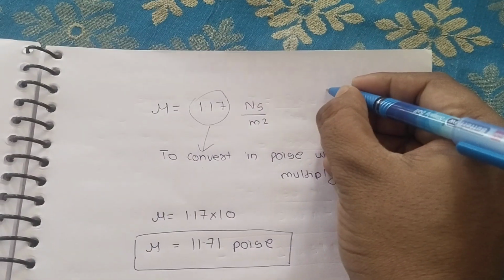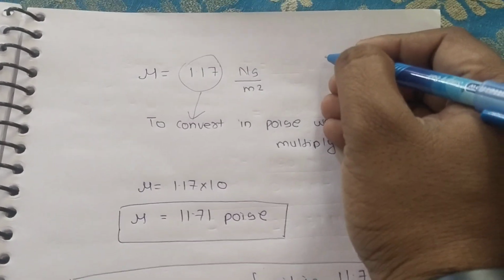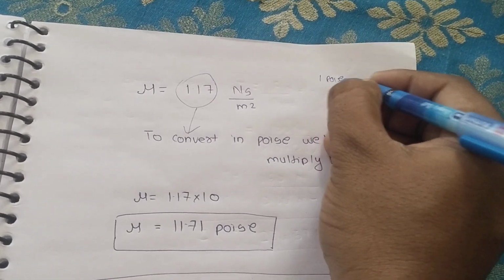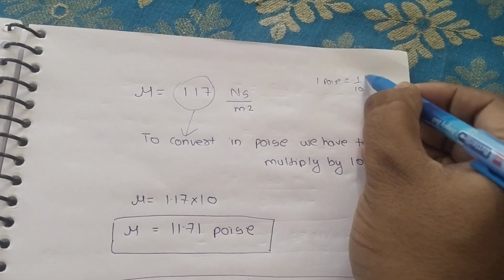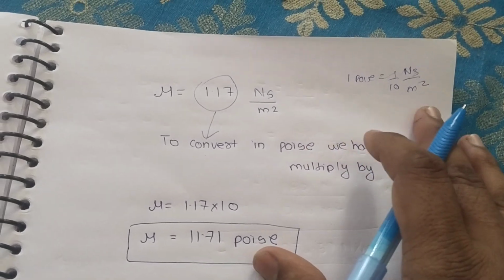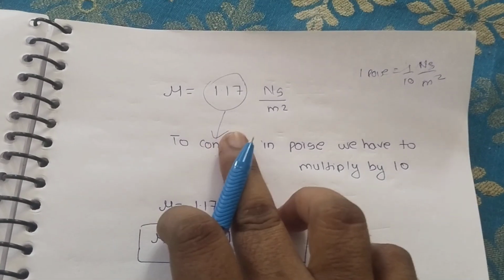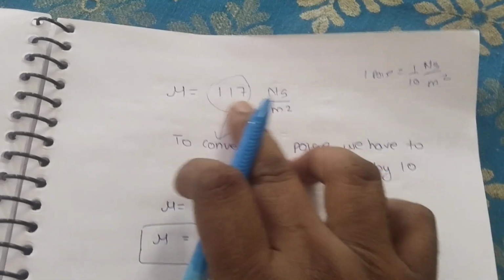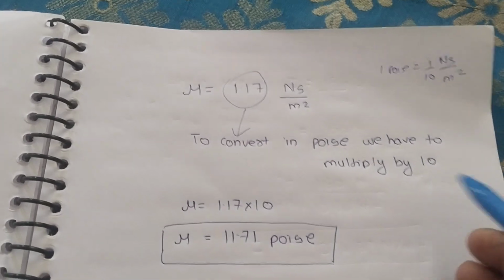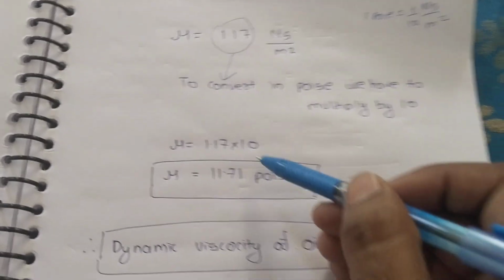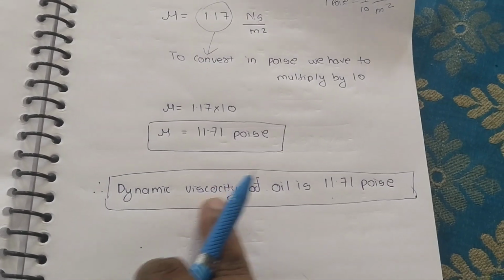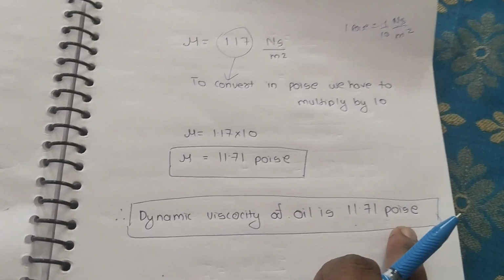As we know, 1 poise is equal to 1 by 10 Newton second per meter square, so we have to convert by multiplying by 10. After multiplying by 10, we get 11.71 poise. So the dynamic viscosity of the oil is 11.71 poise.